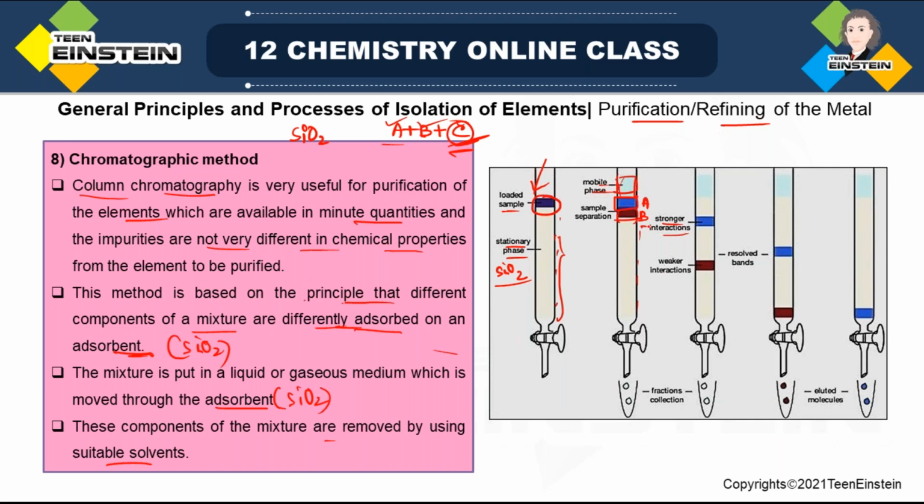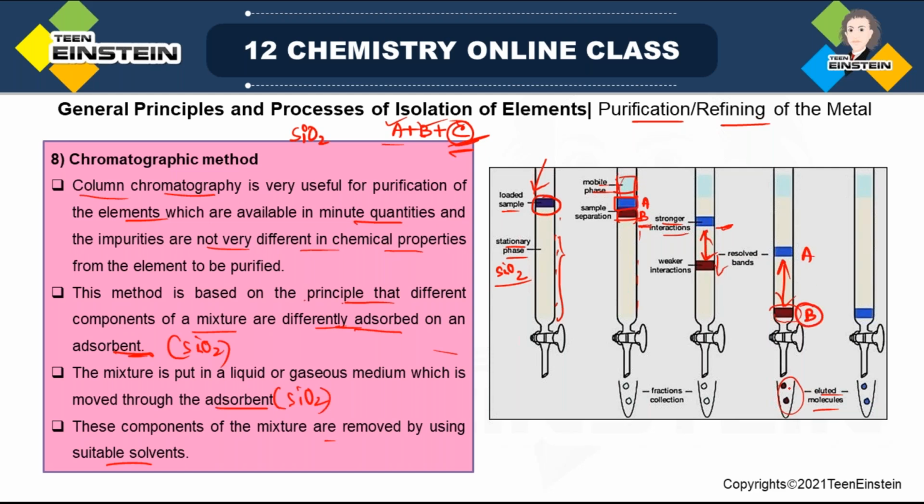As B is weakly adsorbed and more soluble in the mobile phase, it will come down fast, and A will remain here. Gradually with time, the gap between these two bands will increase, and finally this maroon part is already separated, that is the eluted molecules, and after that comes A.